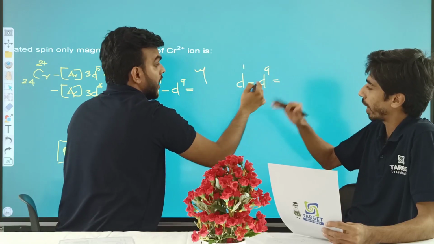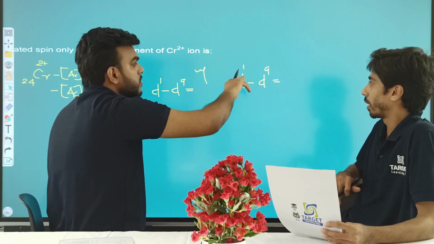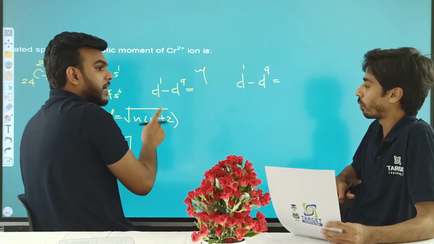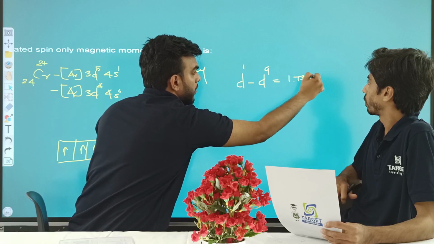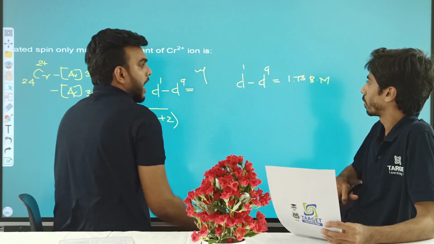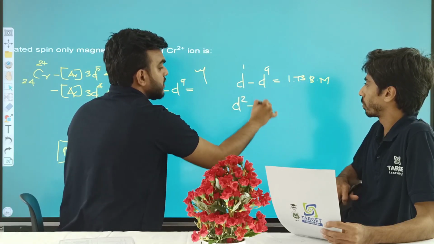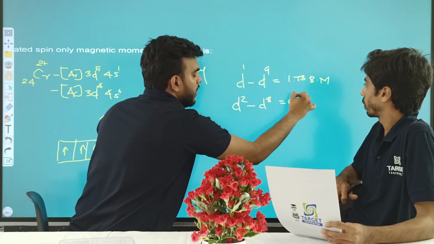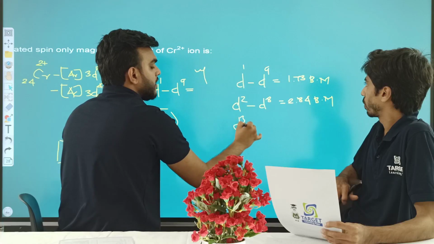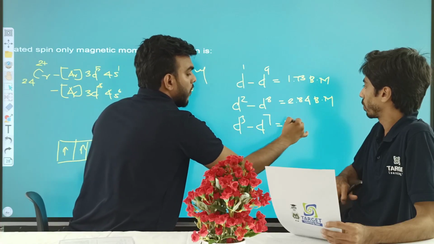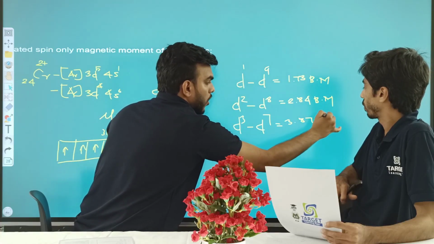For D1 and D9, both having one unpaired electron, we can use the magnetic moment equal to 1.73 Bohr magneton. For D2 and D8, it will be 2.84 Bohr magneton. For D3 and D7, it will be 3.87 Bohr magneton.